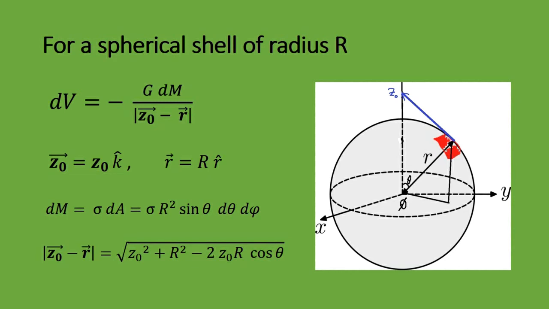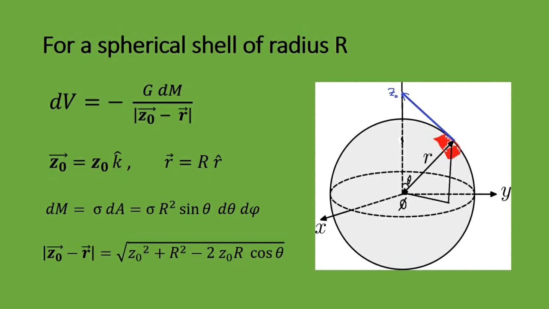And the last coordinate we are using in spherical coordinates is the angle phi. This is the angle between the positive x-axis and the projection of r on the xy plane, the shadow of r on the xy plane.